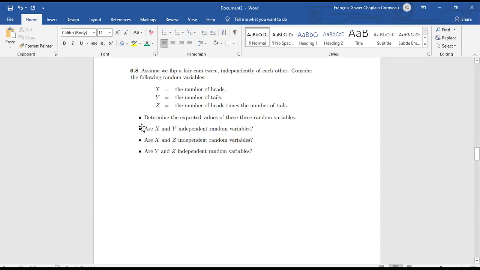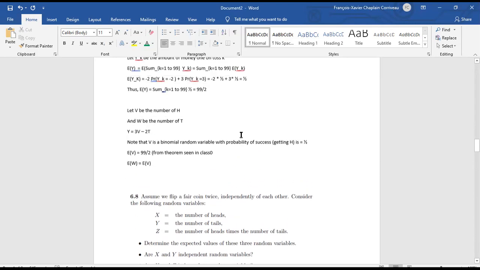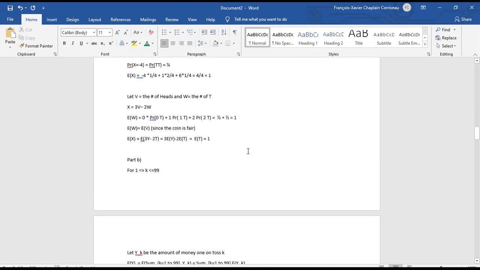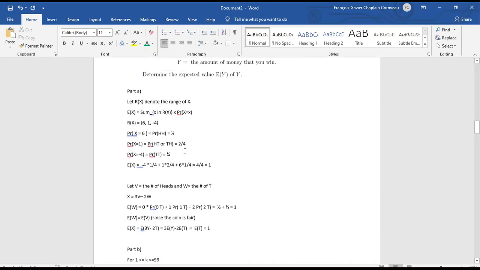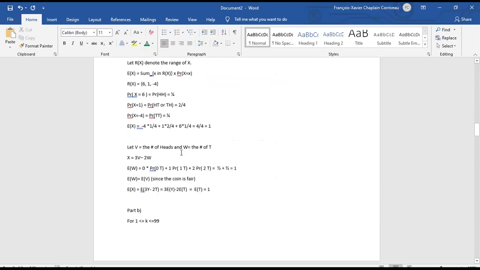So first of all, before I get ahead of myself, we need to find the expected values of these three random variables. We know the definition of expected value, and we've already dealt with these expected values. So we flip a coin twice. What is the expected number of heads? Well, we found it already, right? This is just the previous question.